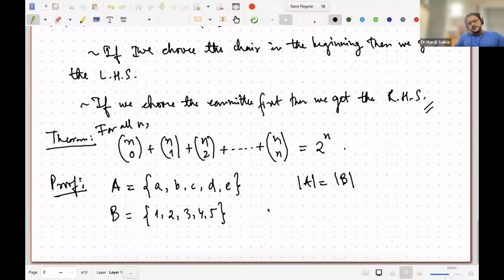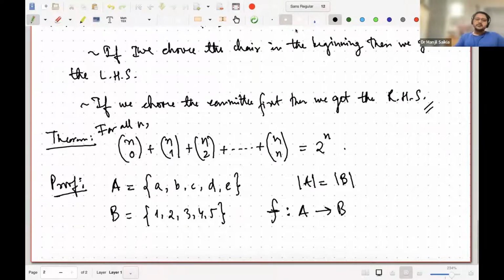So what is a bijection? A bijection is a map, basically. So you want to construct a map F, say, from A to B with two criteria. It has to be one to one, which means each element in A is assigned to some particular element in B, and it has to be onto, which means that any element in B has exactly one element assigned from A. So in that way, you would have assigned all the elements in B to some element in A, and you would not have assigned any element in A to two different elements in B. So the assignment would be unique.